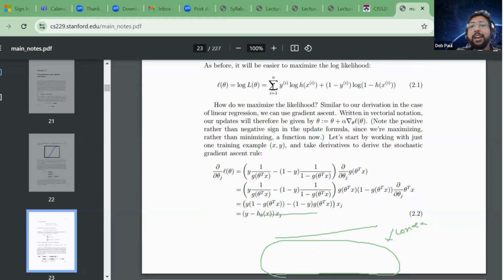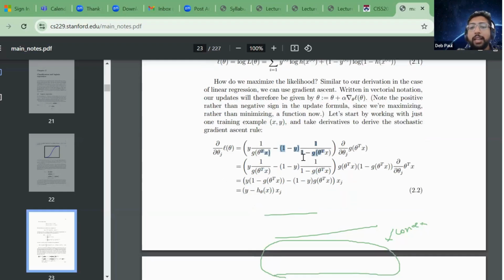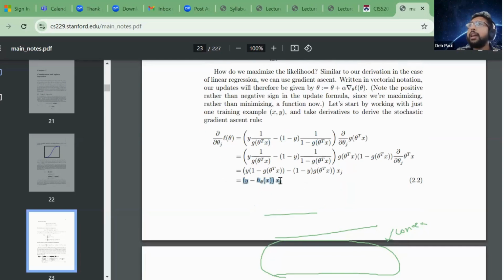Then I have to maximize this, and you will say okay, I can go and maximize this function. So how do you maximize? We can use gradient descent. So let me take the direct derivative of this, and we get this one. This function has some challenges.